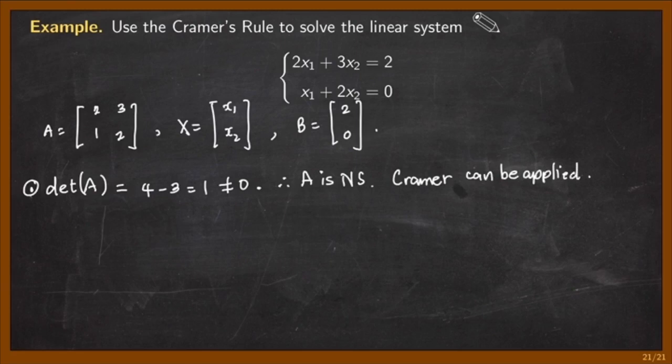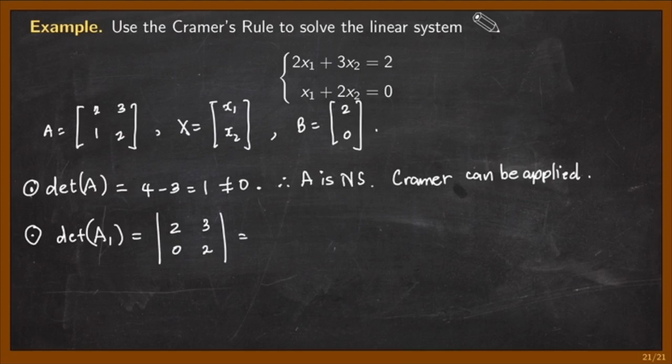Okay? So, for example, how do we get x1? To get x1, we need to get the determinant of A1. What's A1? A1 is just A, where the first column will be replaced by b. So it's going to be 2, 0, 3, 2. Alright?